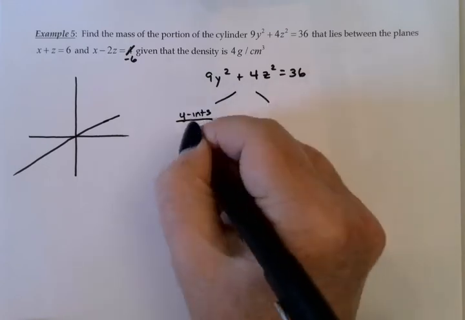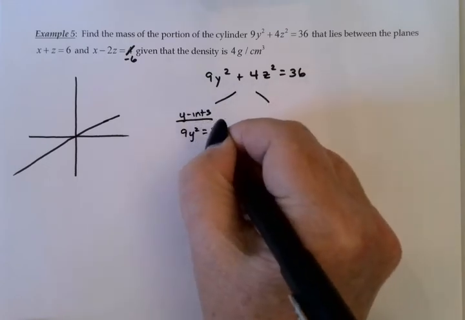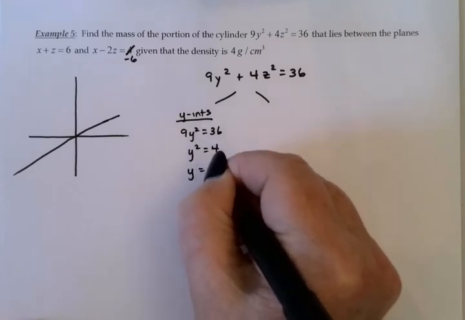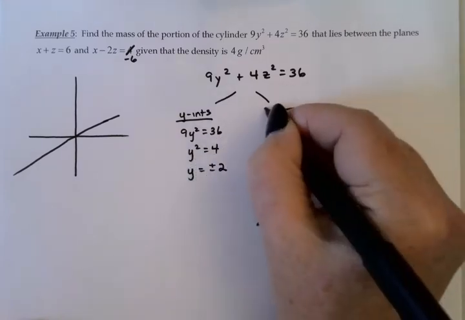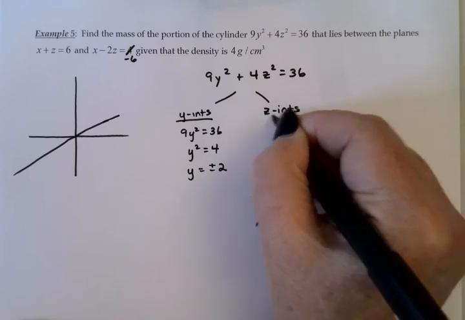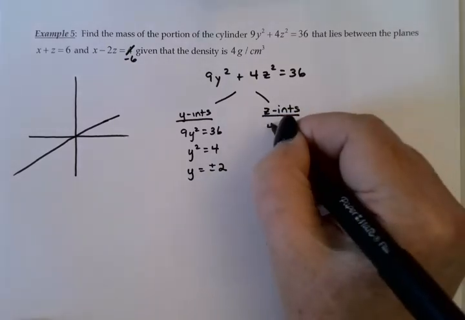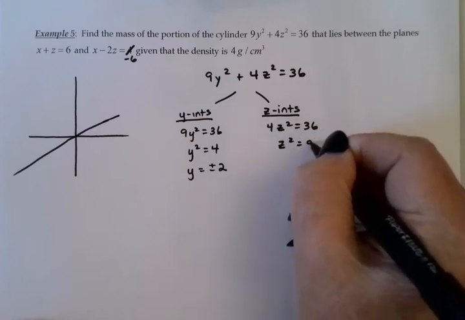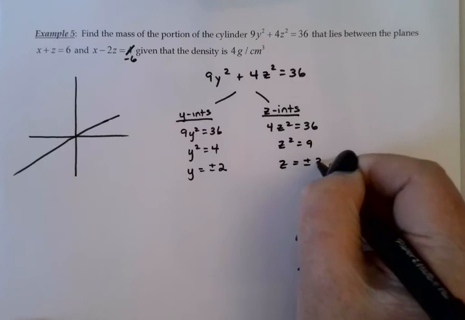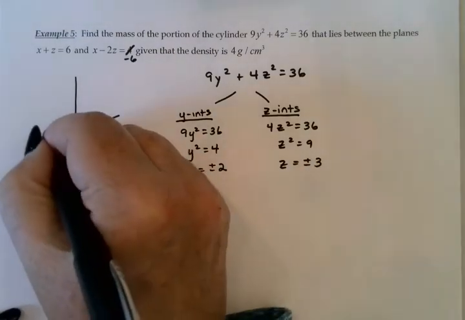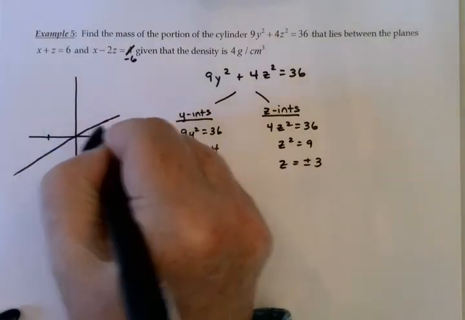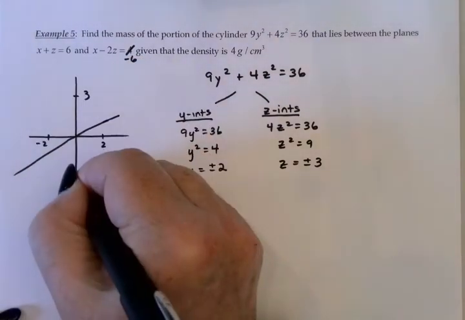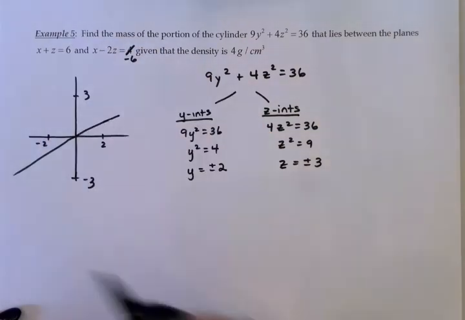The y-intercepts, if z is 0, looks like y is plus or minus 2. And the z-intercepts, if y is 0, looks like z equals plus or minus 3. So plus or minus 2 on the y-axis, plus or minus 3 on the z-axis, rather.